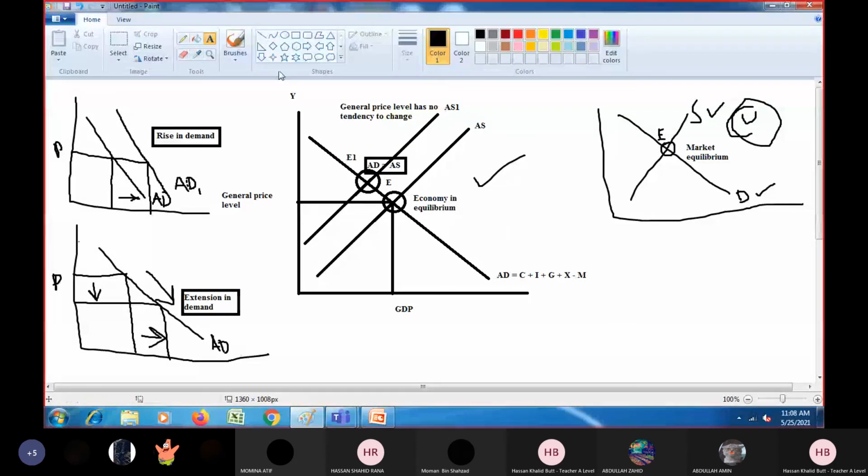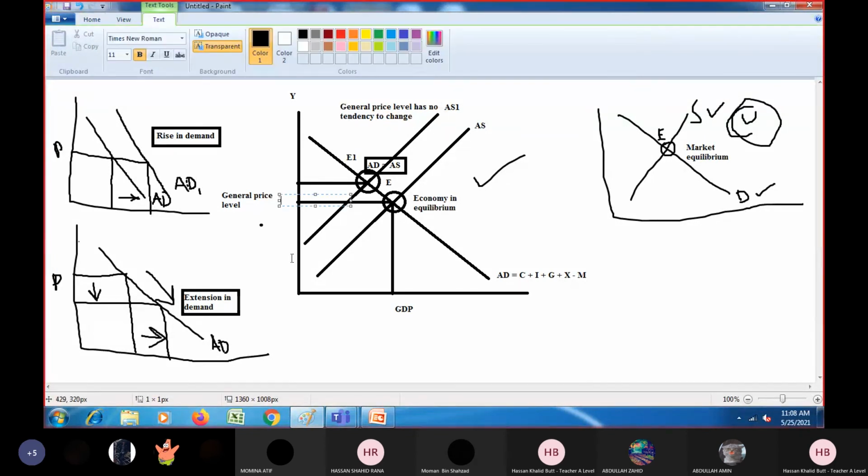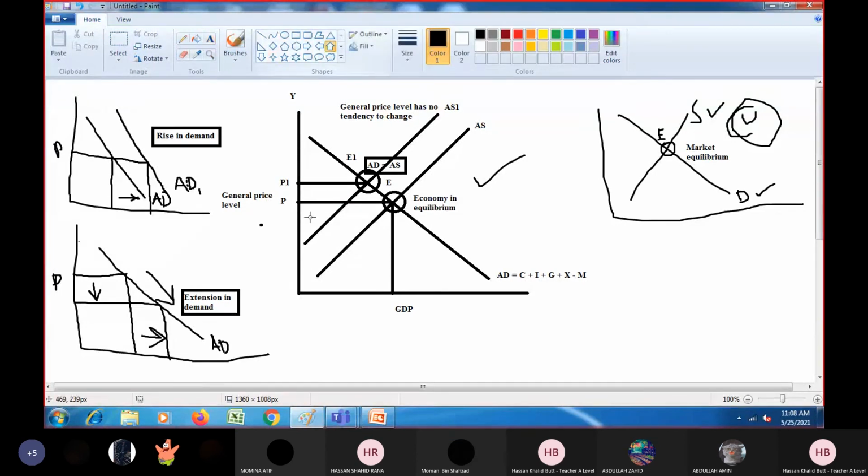And what will happen now if I drag it towards the y-axis? You will see the price level as well. Let's say earlier the price was P, now the price is P1, right? So it means price has increased, right?